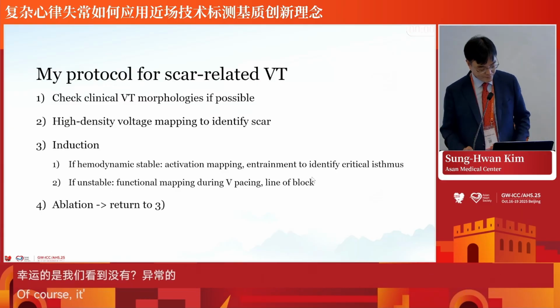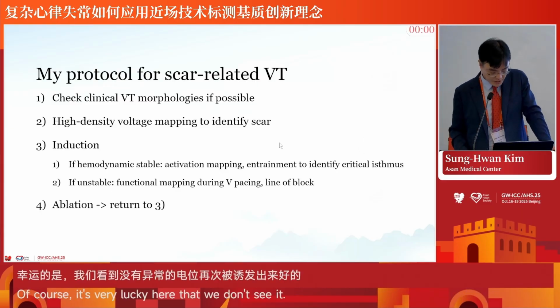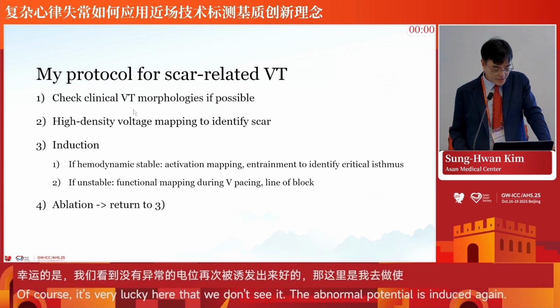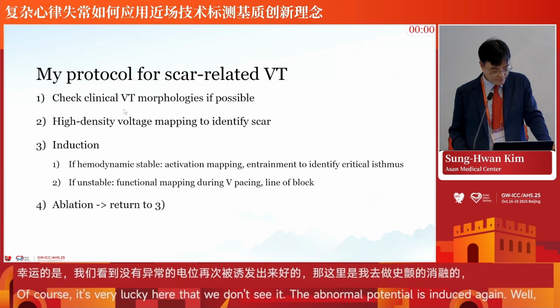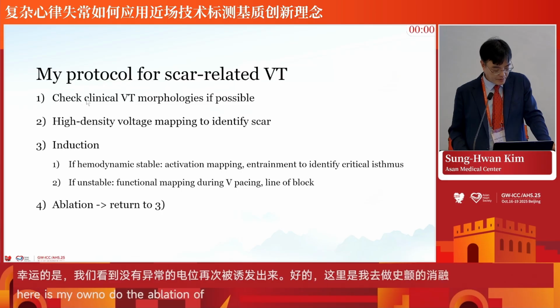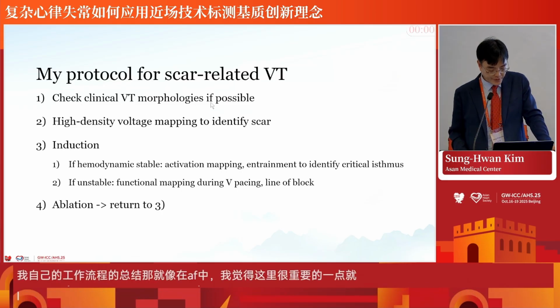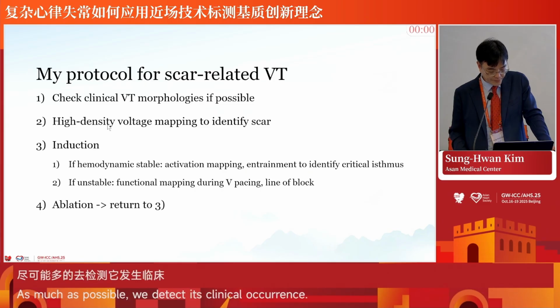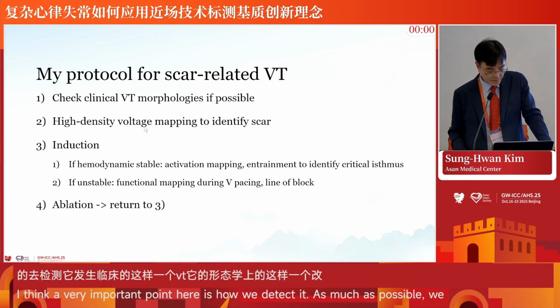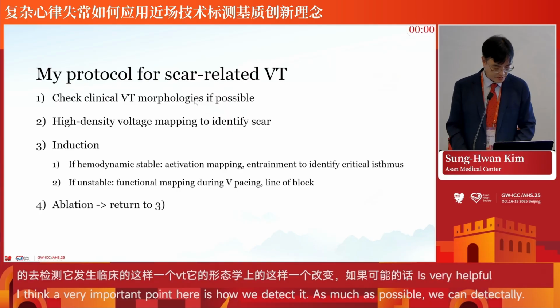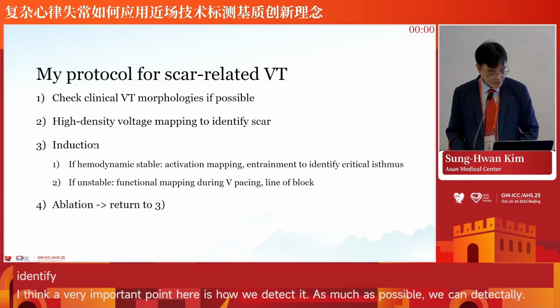This is my protocol for scar-related ventricular tachycardia. As I told you before in the case of AF, I think it's very important to check the clinical VT morphology if possible, but it's not easy. A high-density map and a very short map during the tachycardia is very helpful to identify the scar. I try to induce ventricular tachycardia.